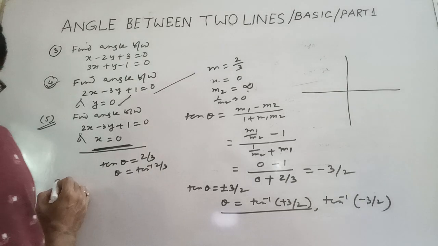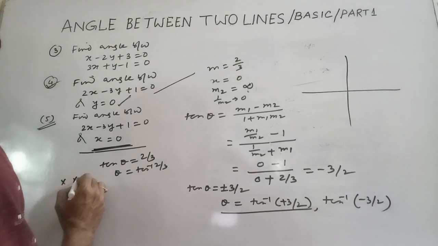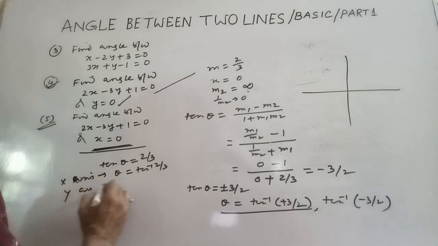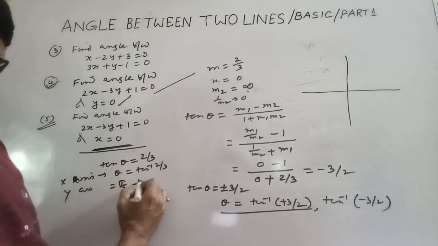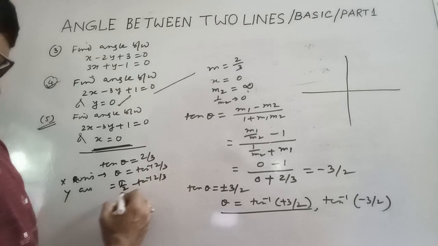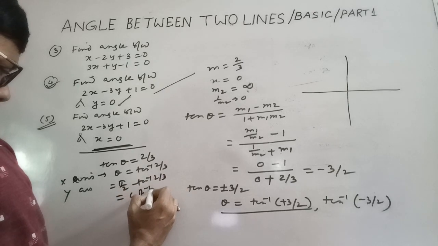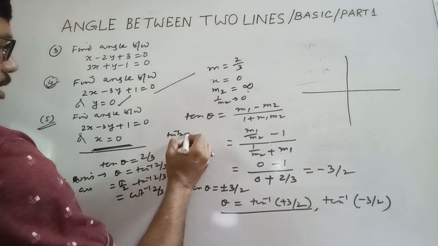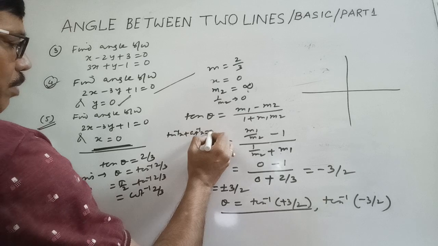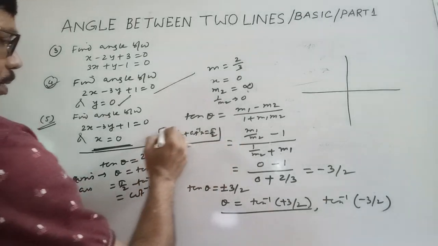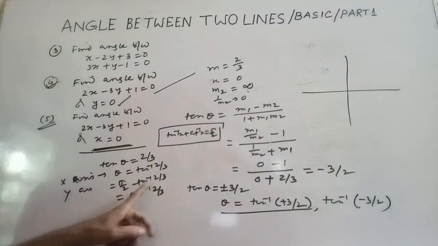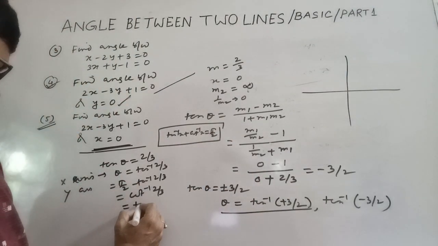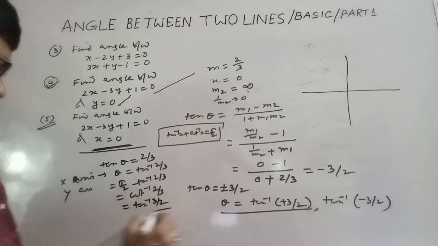Now this is the angle with the x-axis. Mind it, the angle with the y-axis is pi by 2 minus tan inverse 2 by 3, so cot inverse 2 by 3, because tan inverse x plus cot inverse x equals pi by 2. That is a result of inverse circular functions. So pi by 2 minus tan inverse 2 by 3 is cot inverse 2 by 3, which is tan inverse 3 by 2.